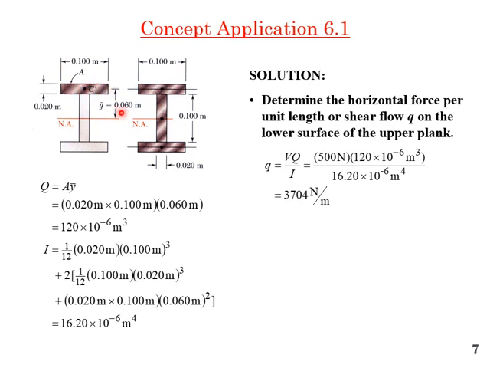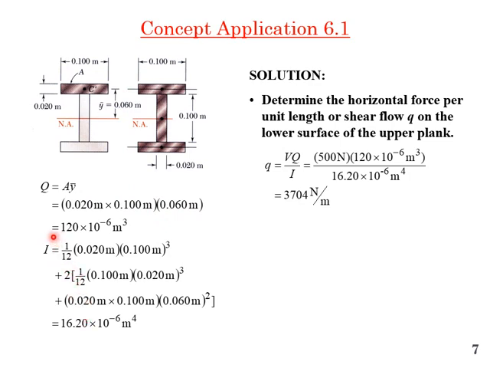So that is 0.060. Now putting the value, 120 × 10 to the power minus 6 meter cube. 0.02 by 0.1 is the area, and 0.06 meter is this distance.